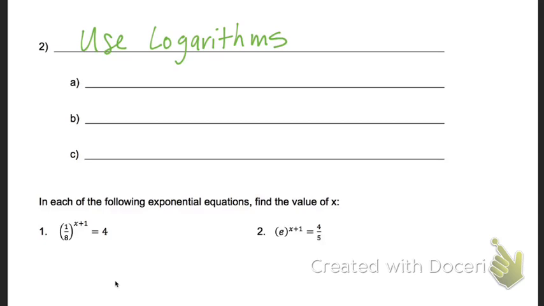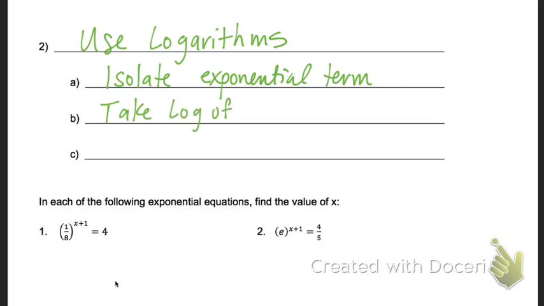So the first step is you're going to isolate the exponential term. And the second step is you're going to take the log of both sides. And this may not make sense when I write it, but once we do an example, it'll make sense.